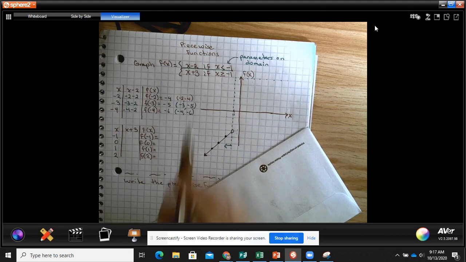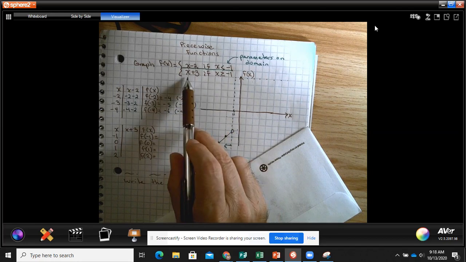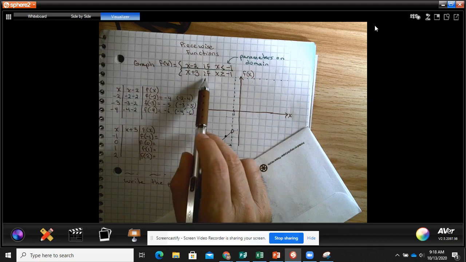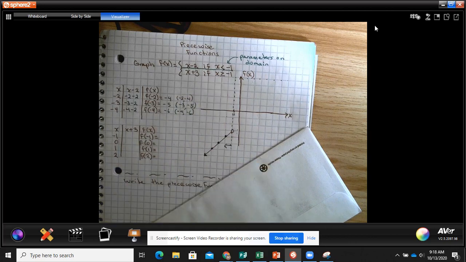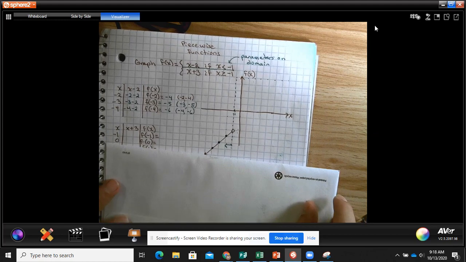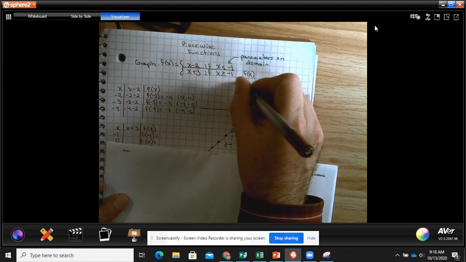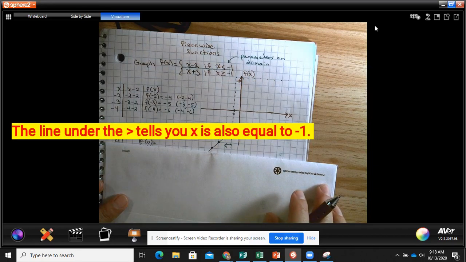Now we need to look at our next part of our graph. Our next part of the graph says that f of x equals x plus 3 if x is greater than or equal to -1. So just as before, I am going to pick values greater than or equal to -1.